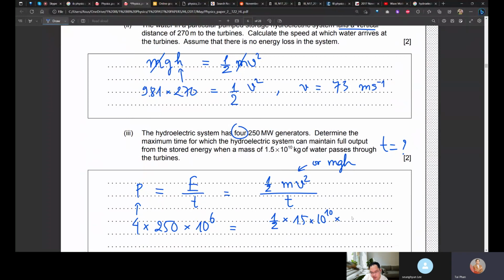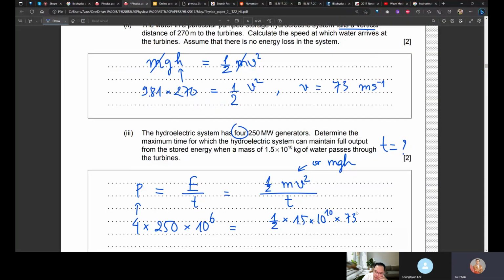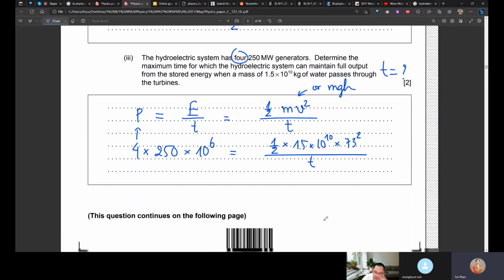And then the speed, 73. Did we round it? I think we can round it here, 73, or you can use this formula, and then divide by the time. So we can find the time from this formula.